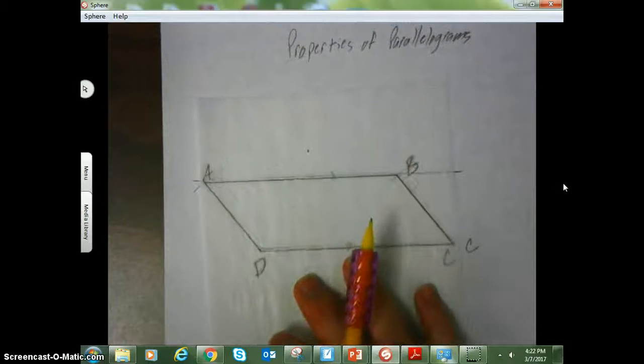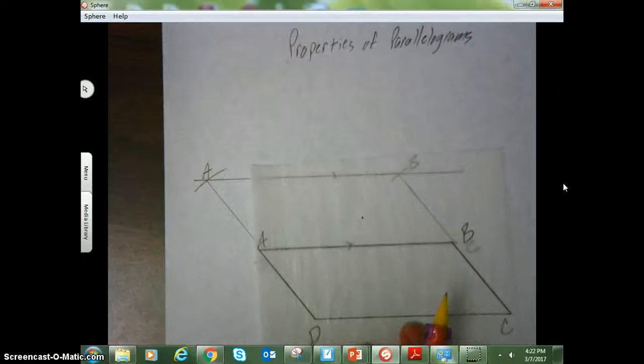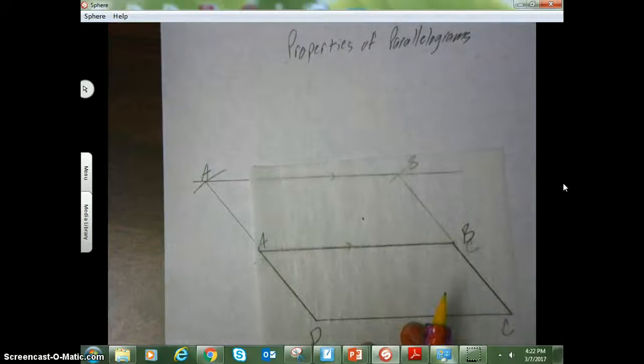When I do, I can see that those two segments are the same. What if I compare the other set of opposite sides? If I compare AB to CD, we see that those are the same also.